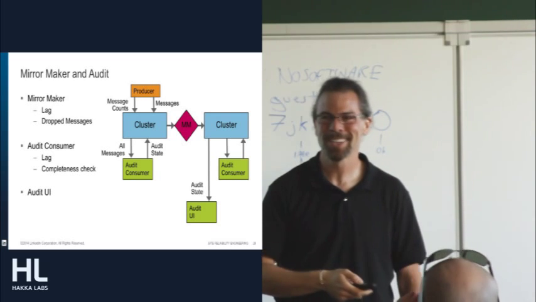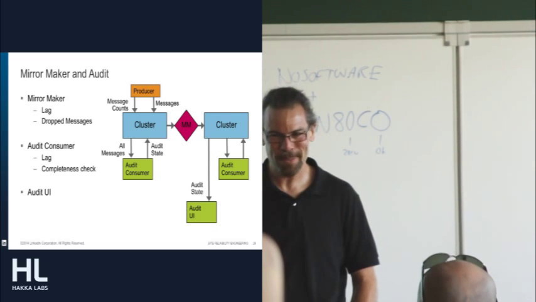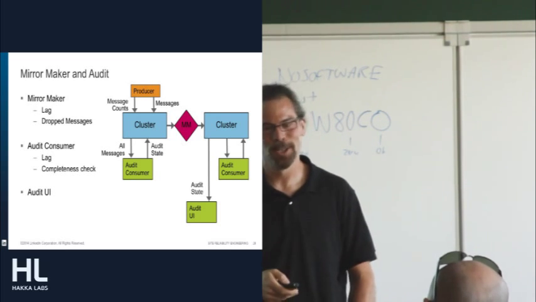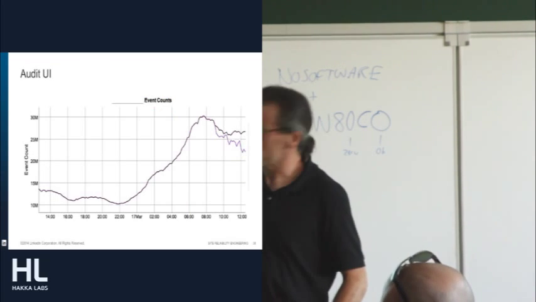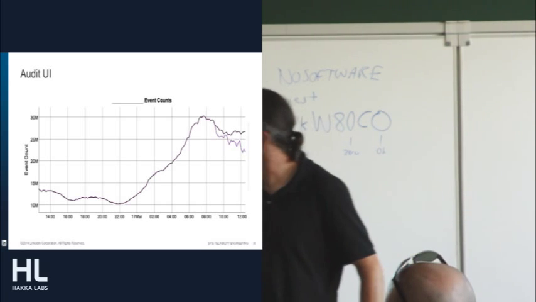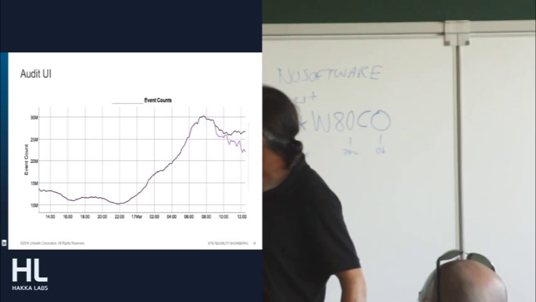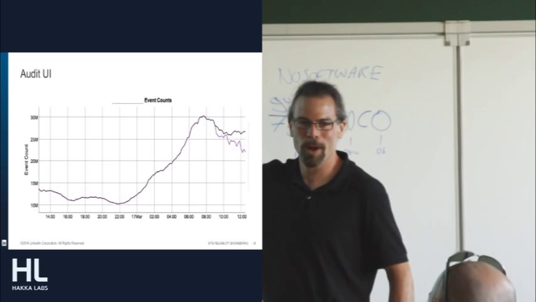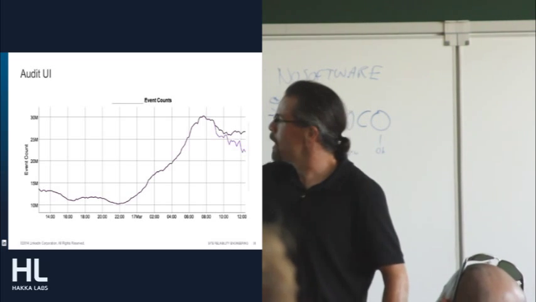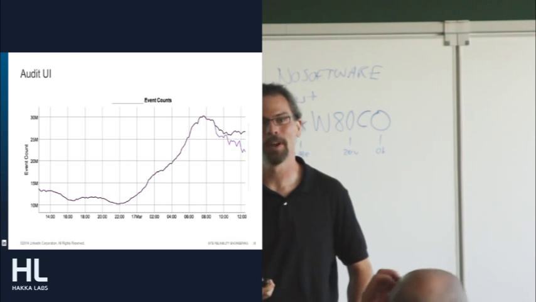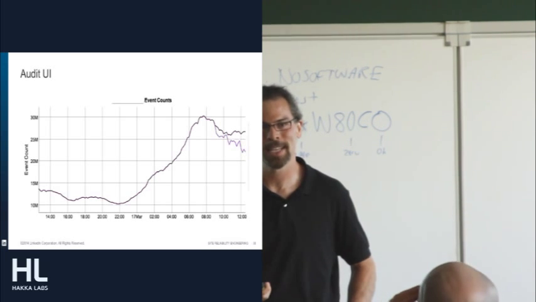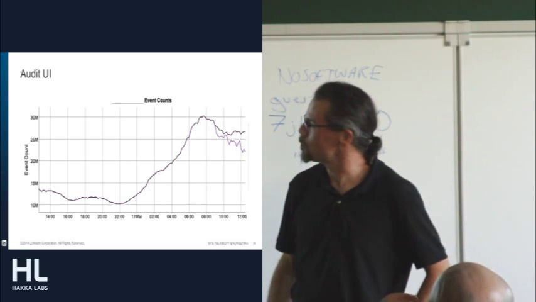The developers get emails, the Hadoop ETL team gets emails, because that stops the Hadoop pipeline from working properly. But really what we end up looking at is nice pretty graphs that show our topics and the period of time, and we can see here that one of our clusters is dropping off as far as event counts. In this particular case, we have an audit consumer in that cluster that's falling behind because it's under capacity, and so we had to resolve that situation.